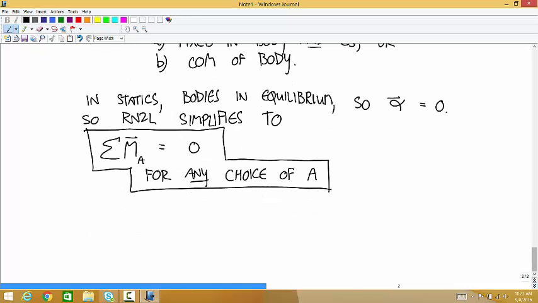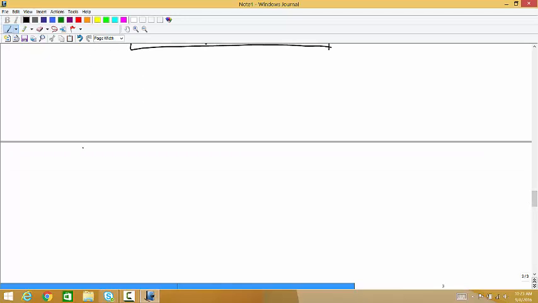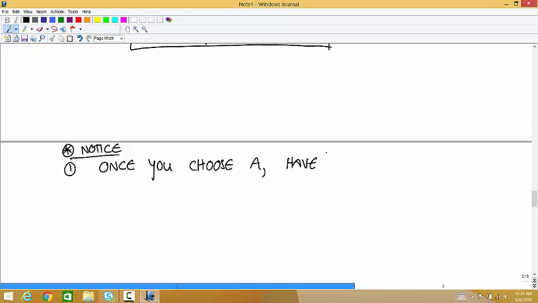Okay, so there are a few things to keep in mind when you're using the rotational equation. The first one is, once you choose an about point, once you choose A, you have to stick with it for all the other forces on that body.